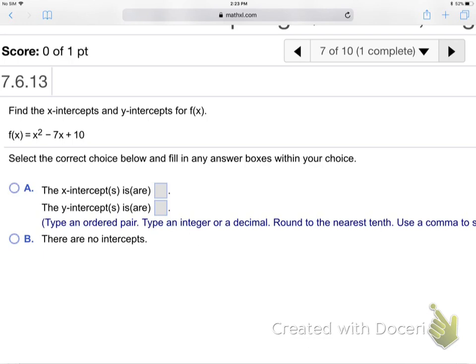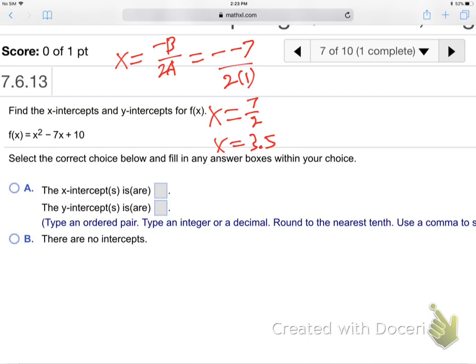You'll see, x will come out 3.5. Okay, let's get 3.5 for x.